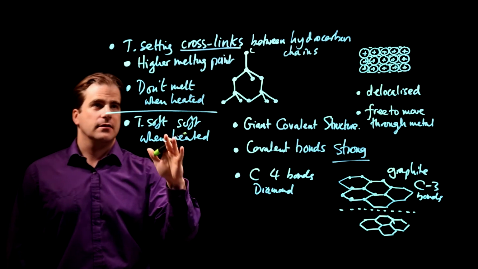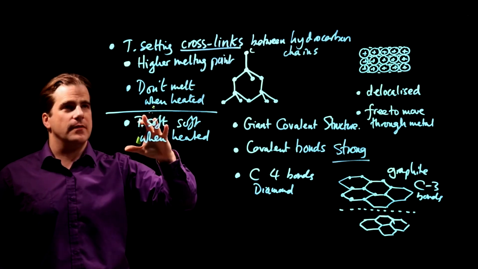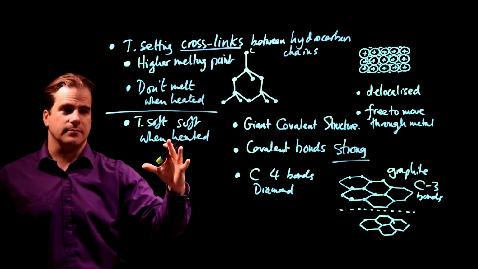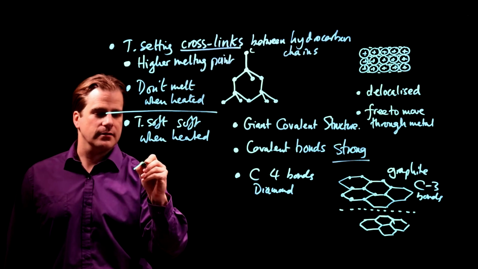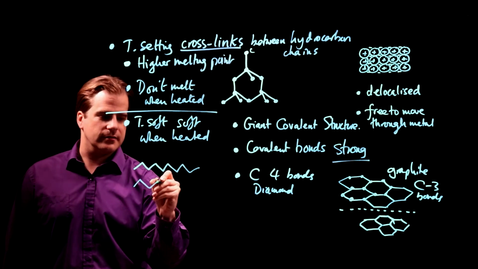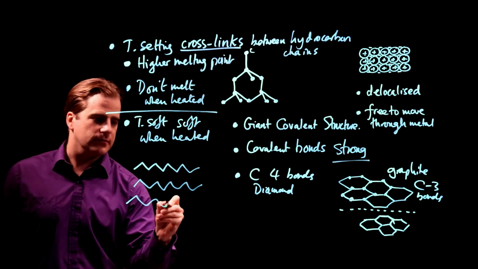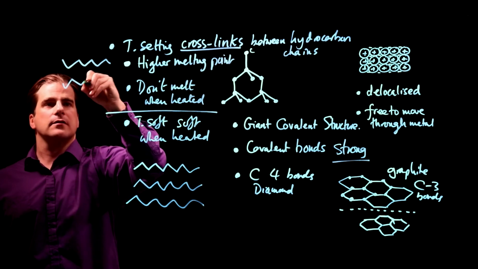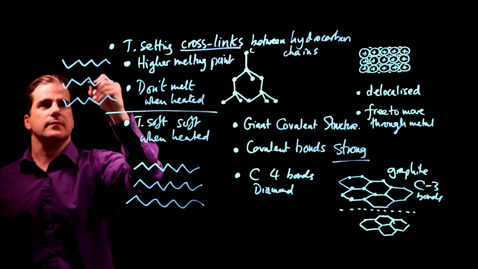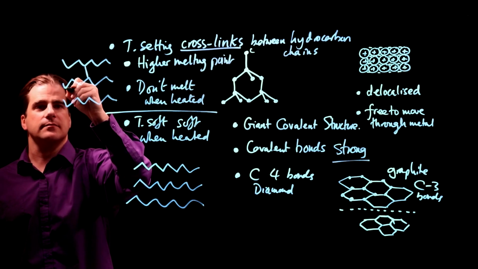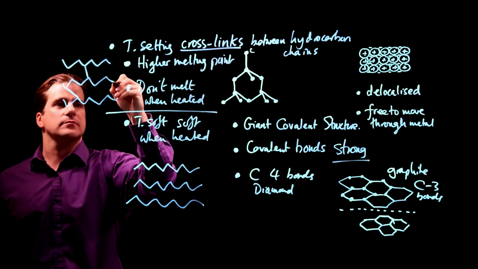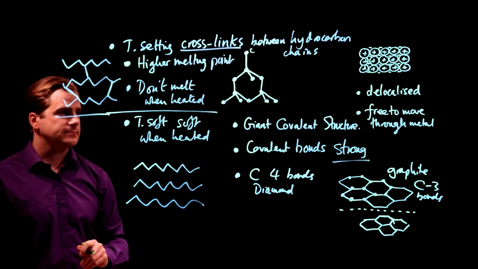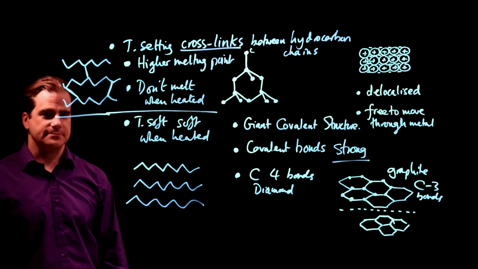And that's why they have a much higher melting point. These crosslinks maintain the structure even when heated. So thermosoftening polymers have this sort of a structure with no crosslinks. Thermosetting polymers, okay, there are these crosslinks between the chains, okay, like so. There we go. Materials. Super stuff.